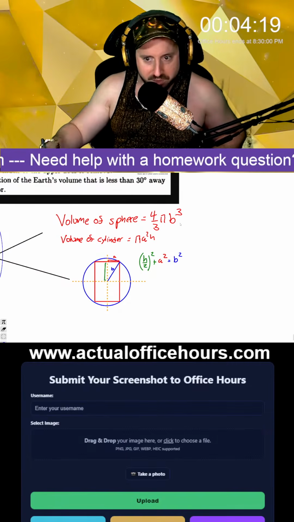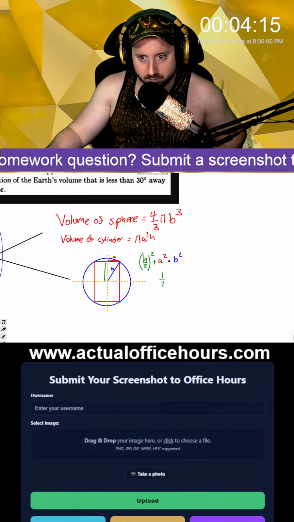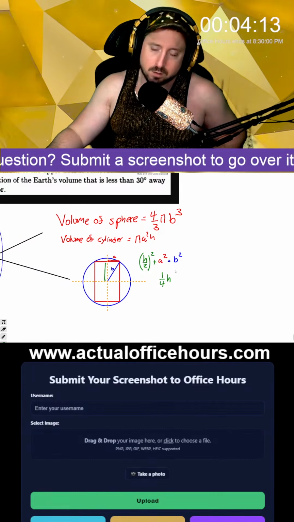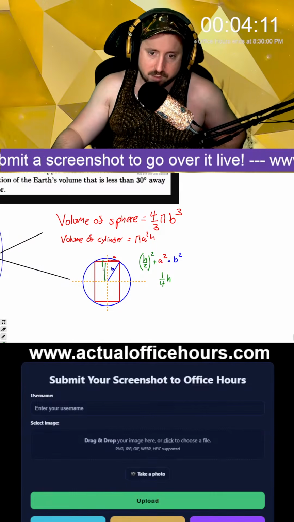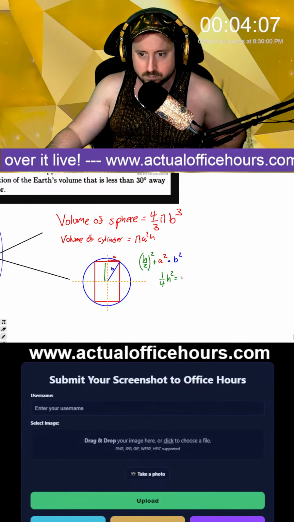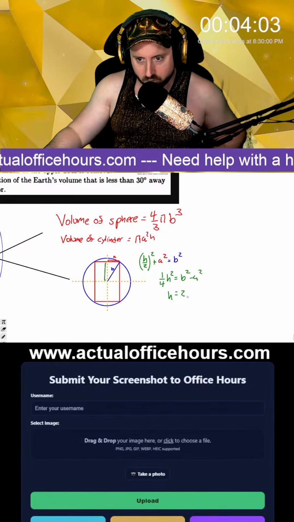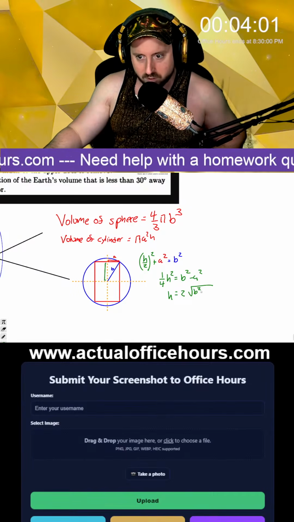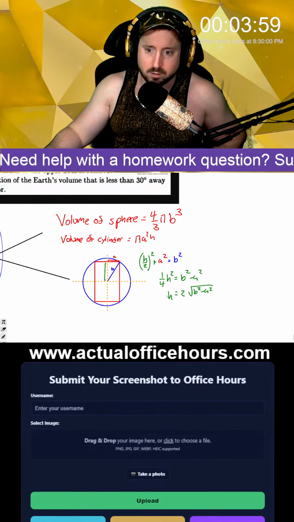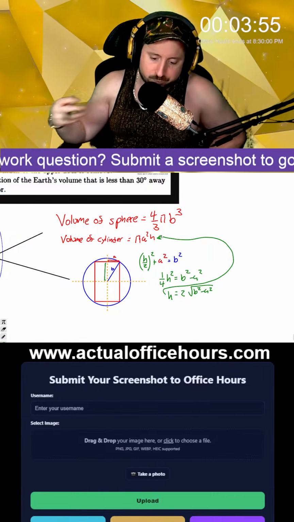Always gotta wonder, like, with the math gods, if I'm doing something horrendously not right. Right, because I'm gonna say that this is the height. Okay, so h is equal to 2 square root of b squared minus a squared? Yeah? So I think I can put that in there.